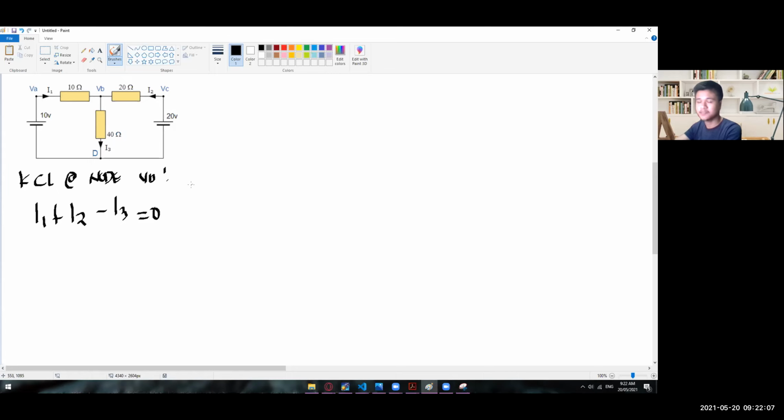Okay, so let me just write here the Ohm's law: I is equal to V divided by R. The same concept with this one, wherein I1 is equal to the voltage drop across VA and VB divided by R. Let me just write down again the rule when it comes to getting the potential voltage.